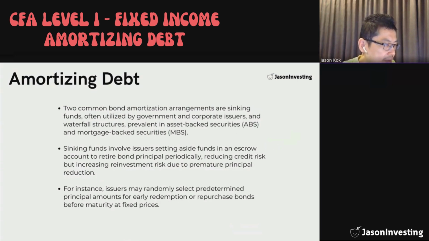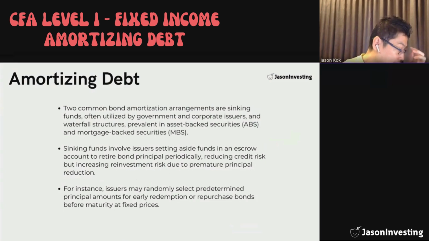A sinking fund is a fund that is set aside so that the company can pay off the principal back. So they will have to contribute to the sinking fund over time, so that at the end of the day, they are able to pay off the principal.